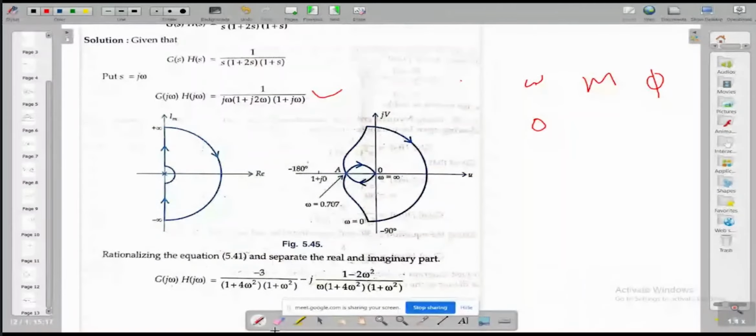1 divided by the root of the square terms, over 4. Magnitude will be... phase minus 90, minus 90.